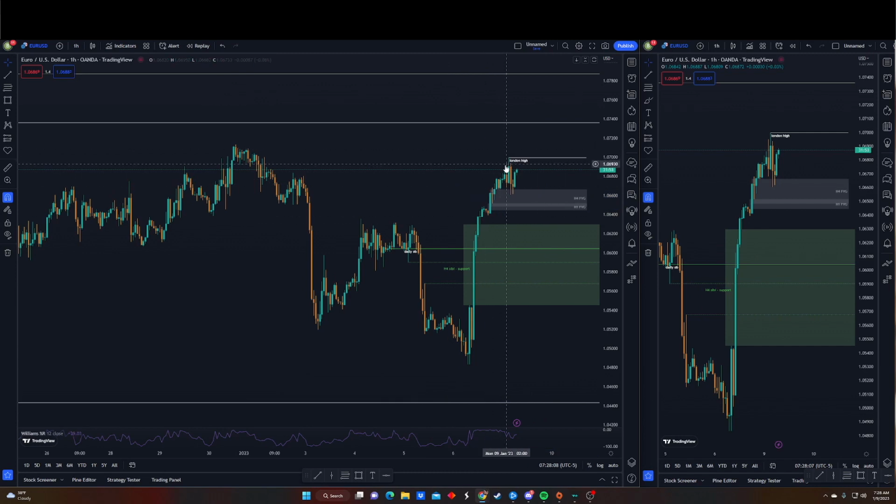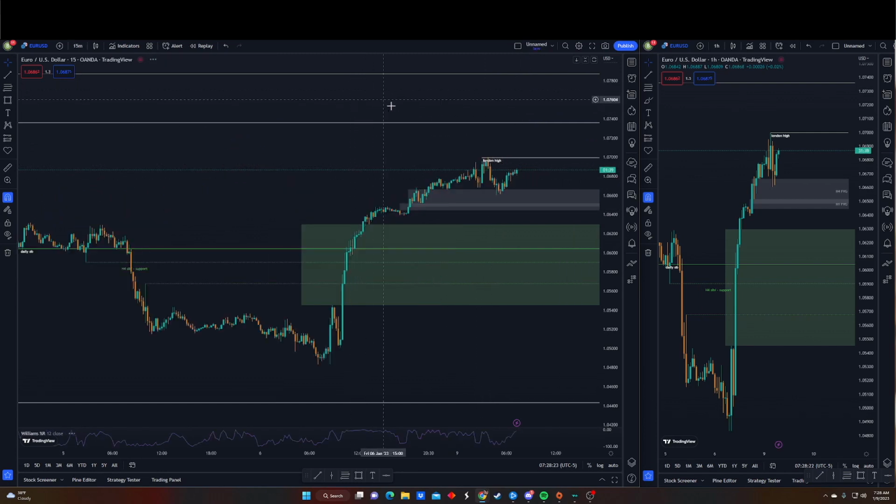We already dipped back into the 4 hour fair value gap. This might just be a breakaway gap. We already dipped down. We're getting bullish here. Let's look at this on the 15 minute. What's going on? All right, I know what you are. I'm gonna put you to the side.